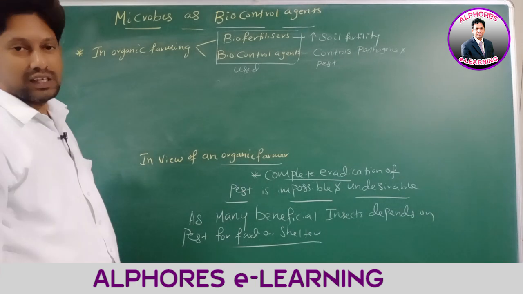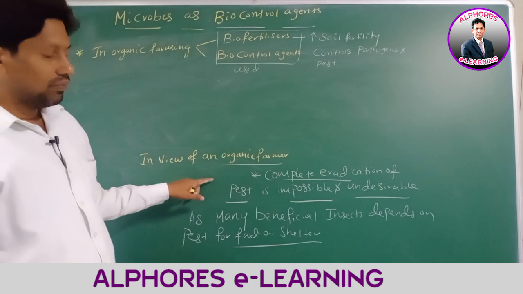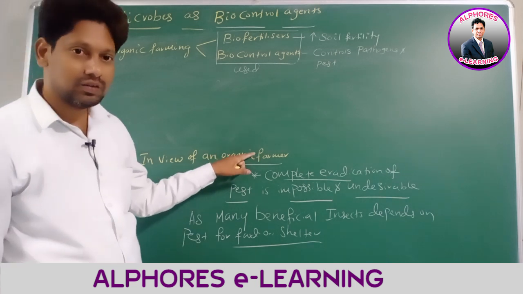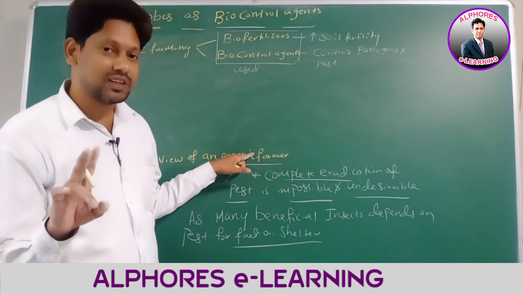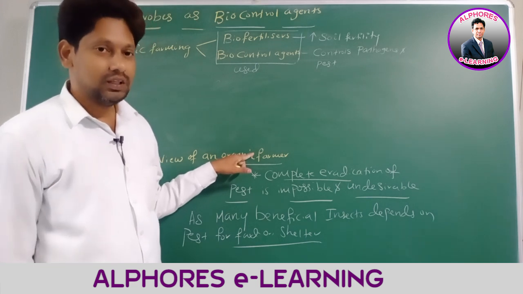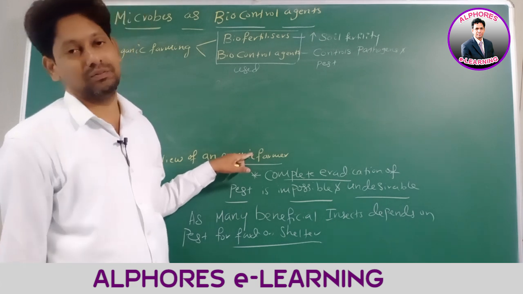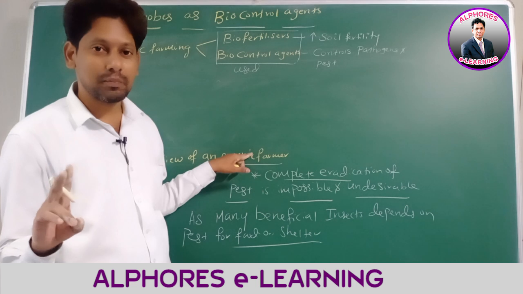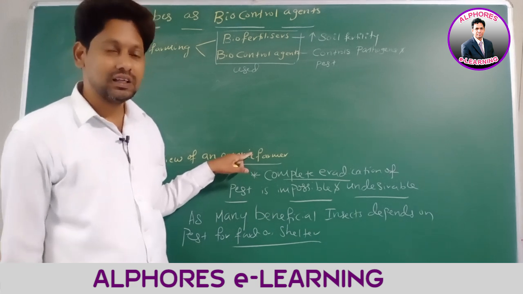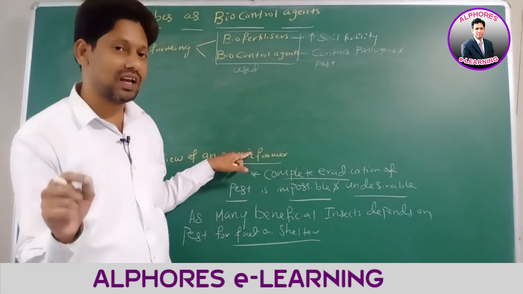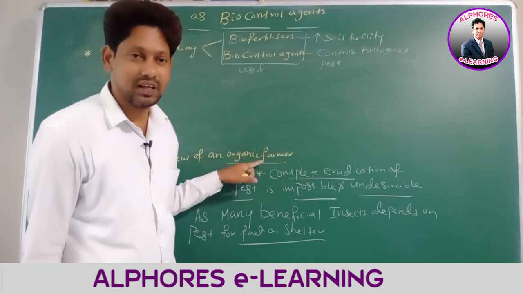Is this statement clear? Now listen to this statement. An organic farmer is not going to eradicate the pest completely. He tries to keep the pest at a manageable level, at a controllable level. Is this statement okay?